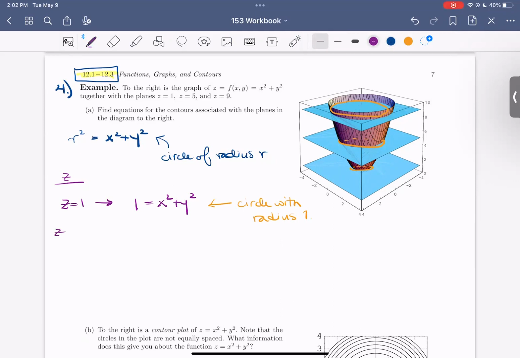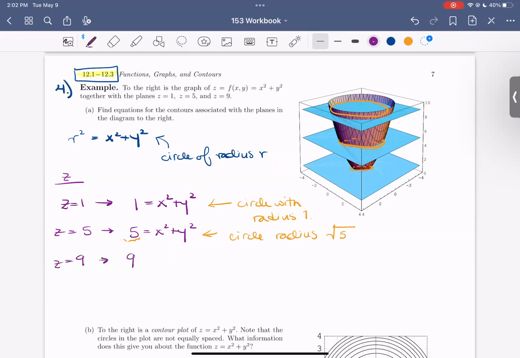What about when z equals 5? We have 5 equals x squared plus y squared. What kind of shape is this curve? It's also going to be a circle, but now the 5 is r squared, so the radius will be the square root of 5. And finally, z equals 9.